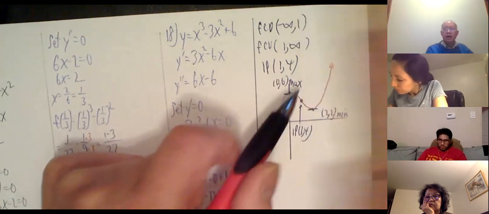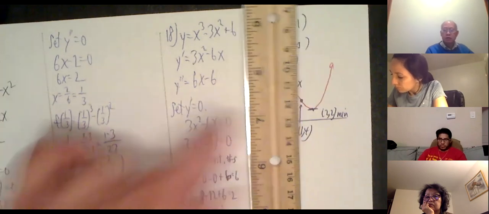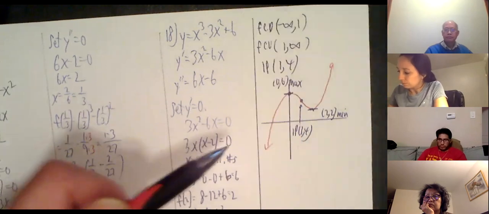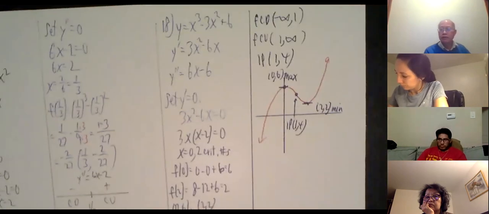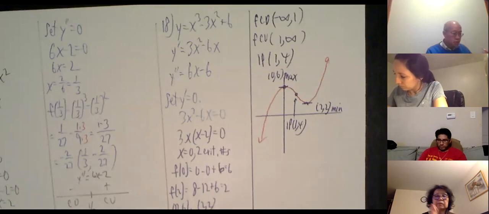Upside down U shape. And then from 1 to infinity, the rest of the time, U shape, like so. And so there's my entire graph. Okay. All right, so that's that.